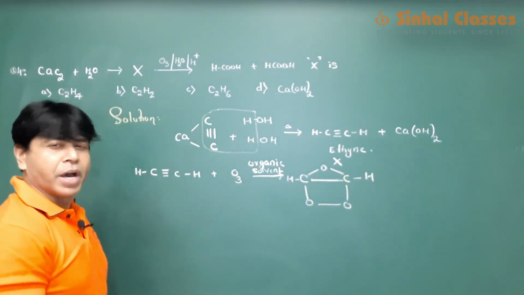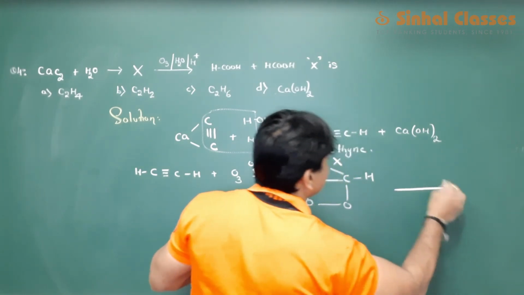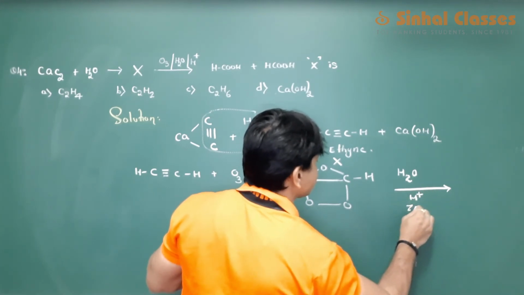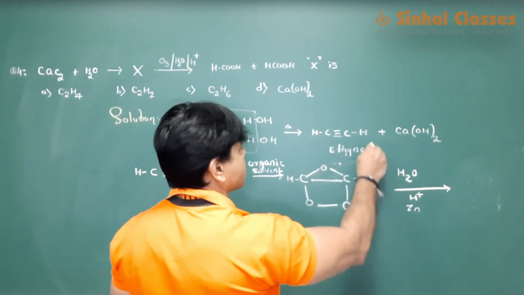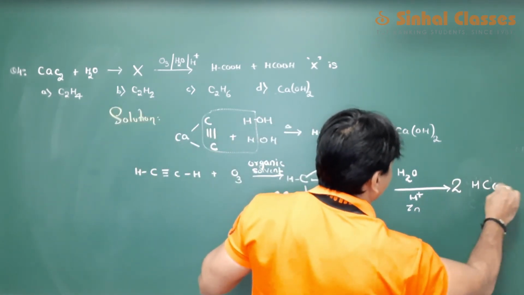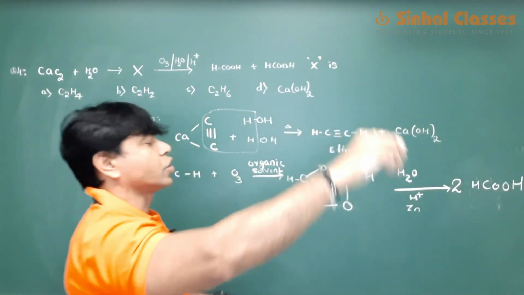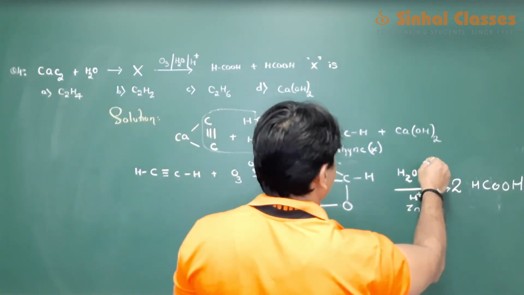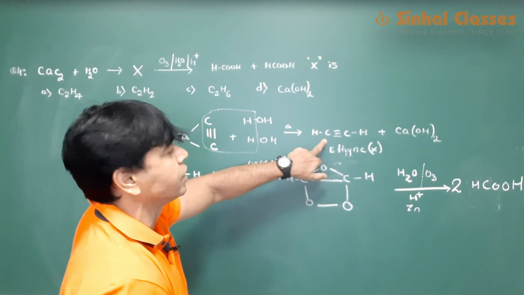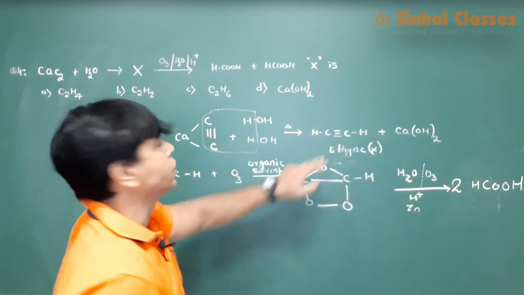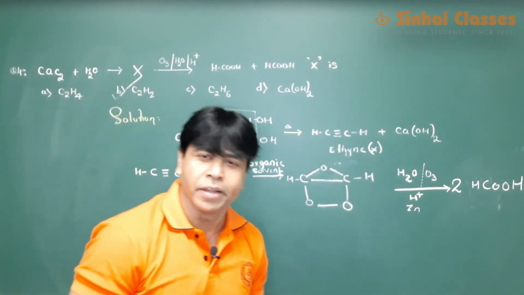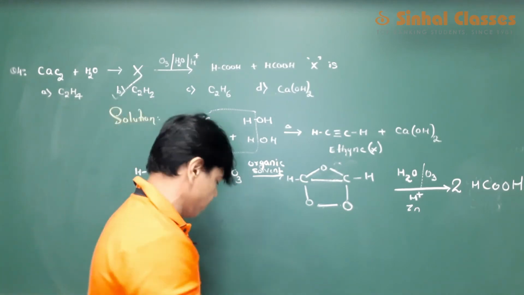This intermediate product further undergoes acidic hydrolysis in presence of zinc. This intermediate further will give you two molecules of formic acid on further oxidation and hydrolysis. So your X is ethyne. So the option here will be C2H2. Fine. So, we go for the next question now.